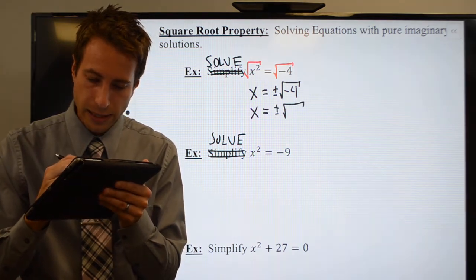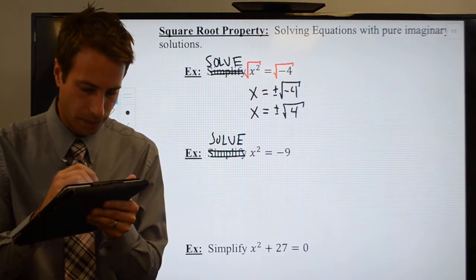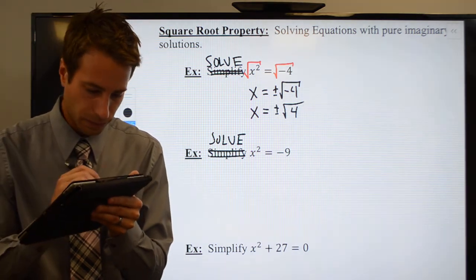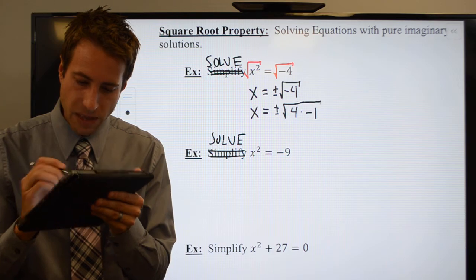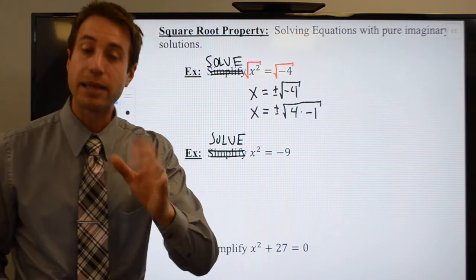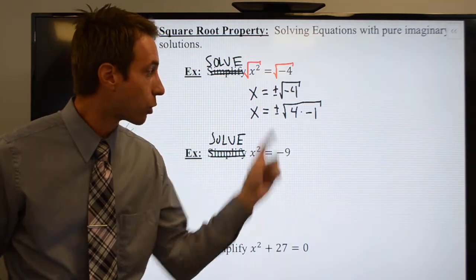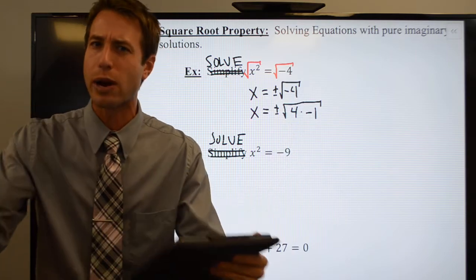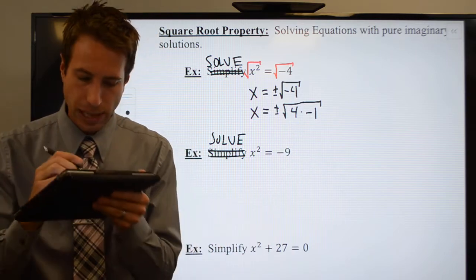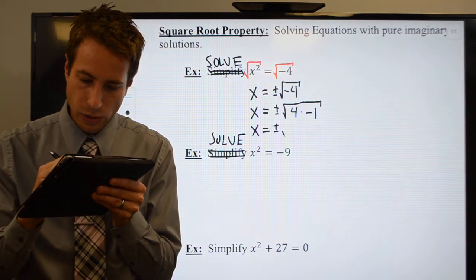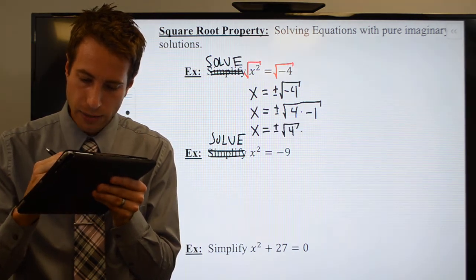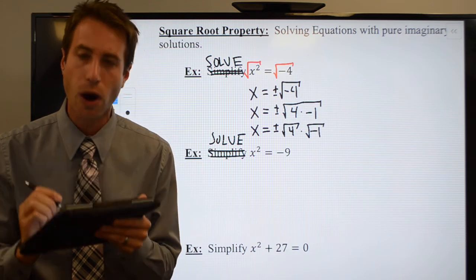I can rewrite this as the square root of 4 times a negative 1, and then use the multiplication property of radicals to take the square root of each of those separately. Plus or minus the square root of 4 times the square root of a negative 1.